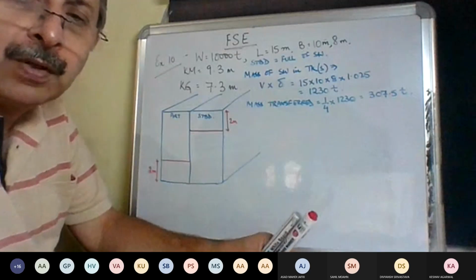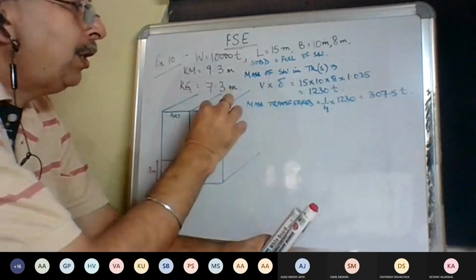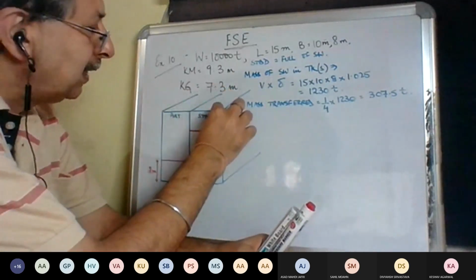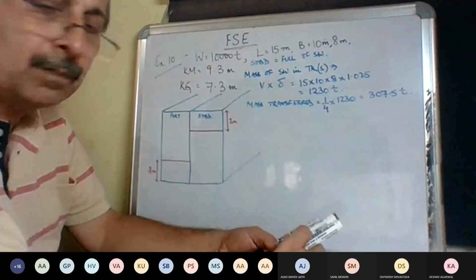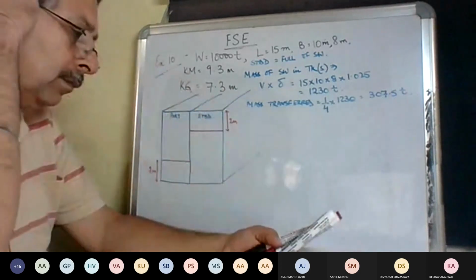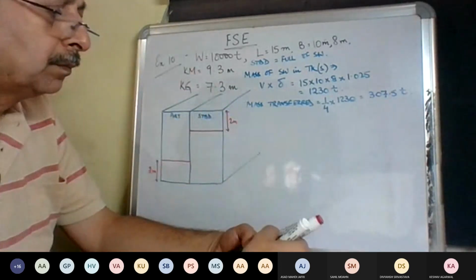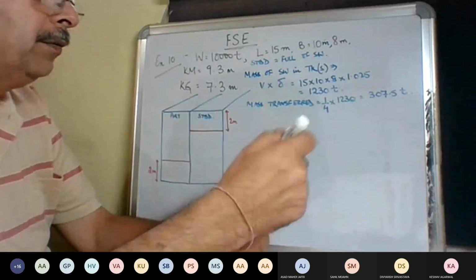Is this okay with everybody? This will be the mass of water. So 307 tons हमने यहाँ से निकाला तो यहाँ पे भी 307 टन ही गया. Agreed?